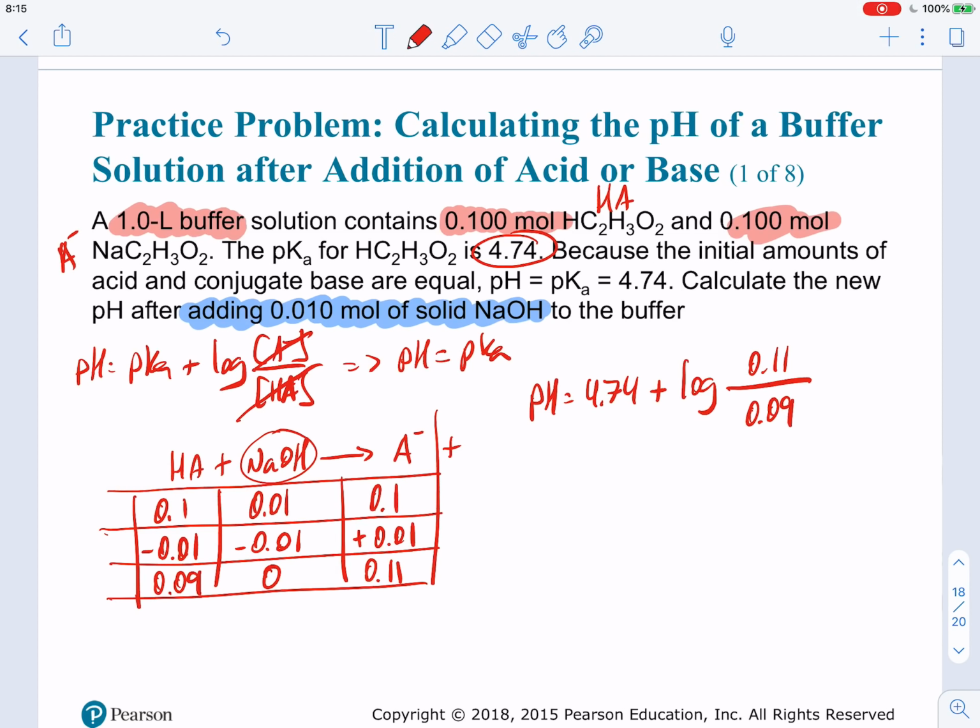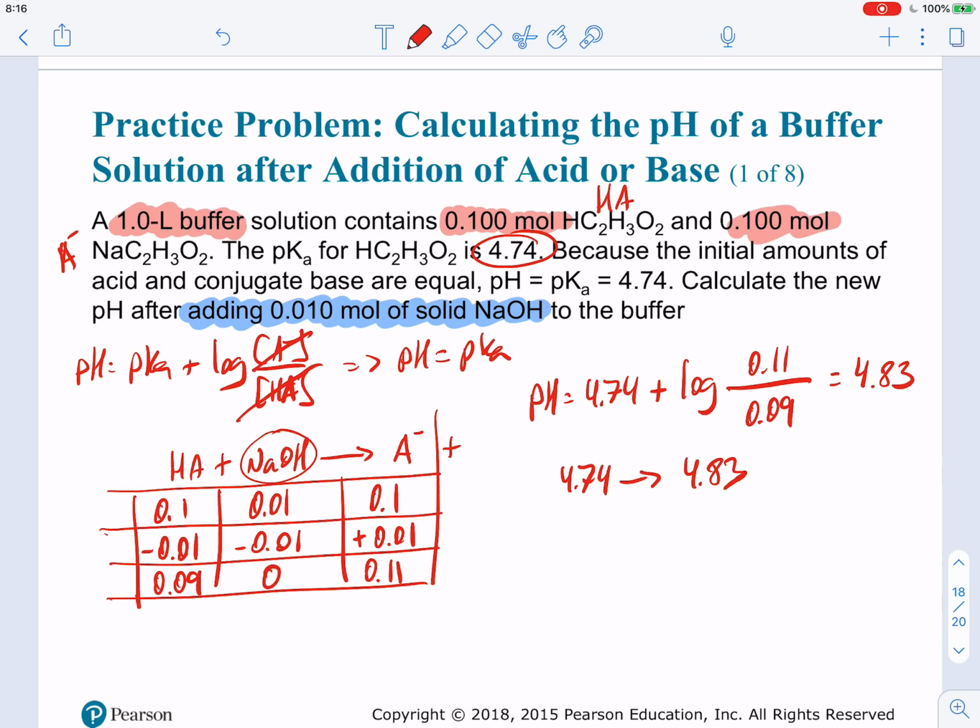And here is 4.83. So your pH, by adding that amount of solid sodium hydroxide, went from 4.74 to 4.83. Okay, so that's what the buffer is doing in controlling the pH.